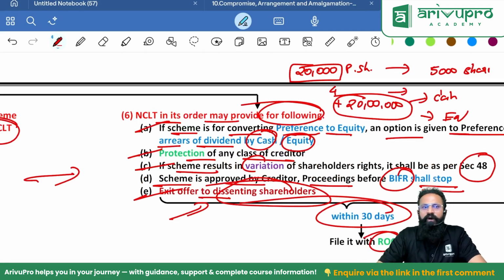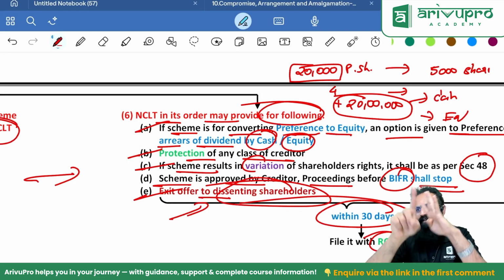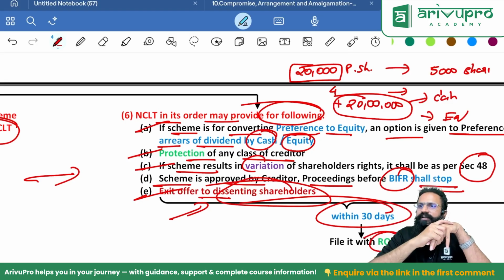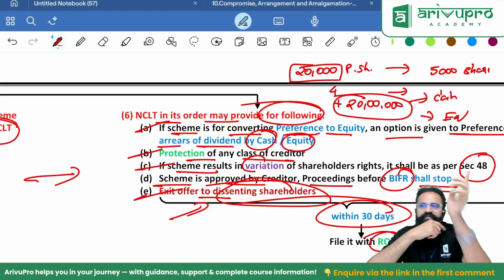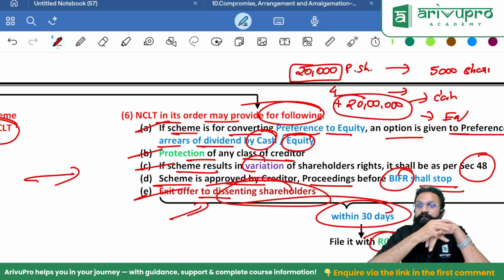Quickly see what happened in 230. A company, members, creditors, liquidator, they will file an application for what? For compromise, arrangements. Takeovers, mergers will come in 232. We are filing an application with the tribunal. Now what will the tribunal do?